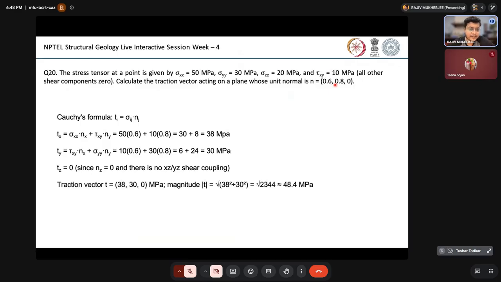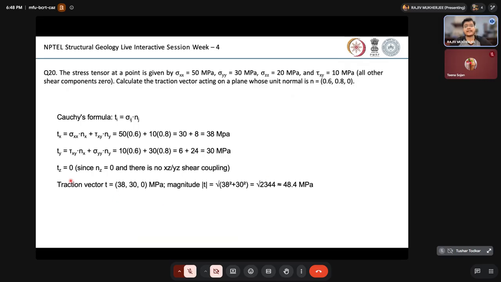So the traction vector T comprises 38, 30, and 0 megapascal. So this is a vector, right? And if you calculate the magnitude by taking the resultant of these values, it is around 48.44 megapascal.